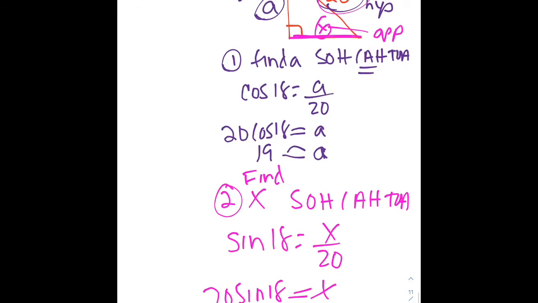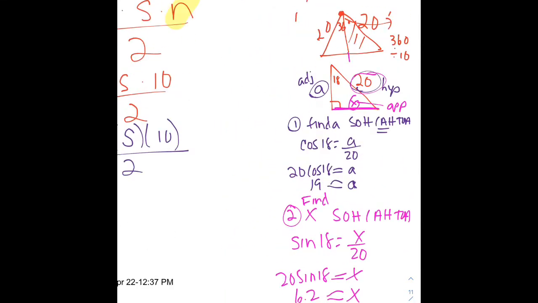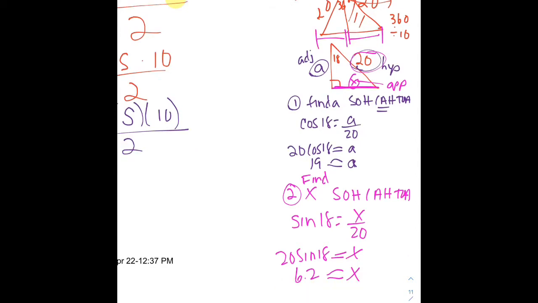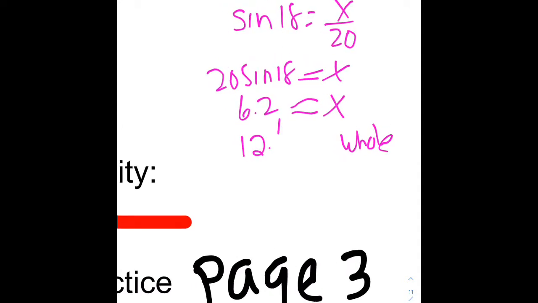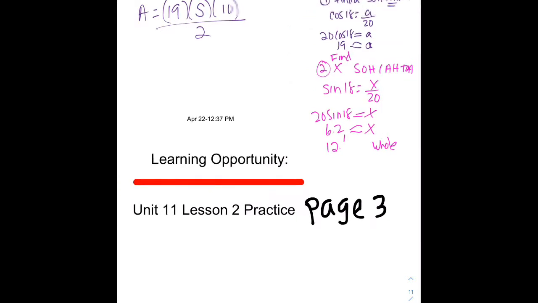But remember, 6.2 is just half of the side. You have to double it to get the whole side. So that means the whole side would be 12.4. All right, so I'm going to put that in.